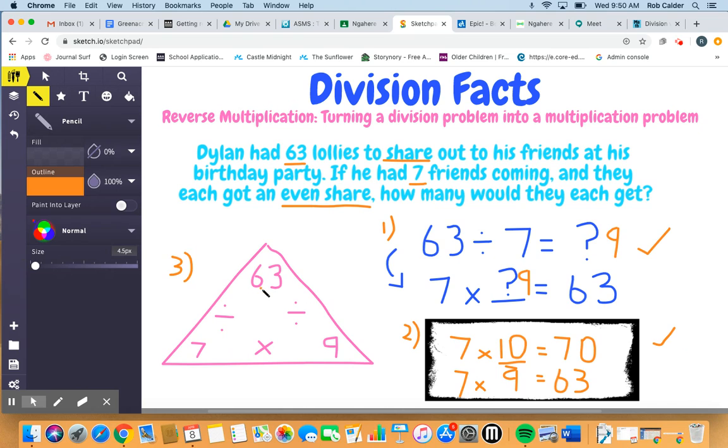But not only that, 63 divided by 7 equals 9, and 63 divided by 9 equals 7. And I'm really trying to make the links with my students that if you know your multiples, you also know your division facts. And even if you don't know all of your multiplication facts, usually we work up to 12 times 12, any that you do know can help you to work out the ones that you do not.